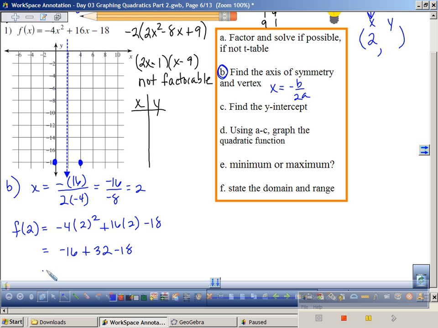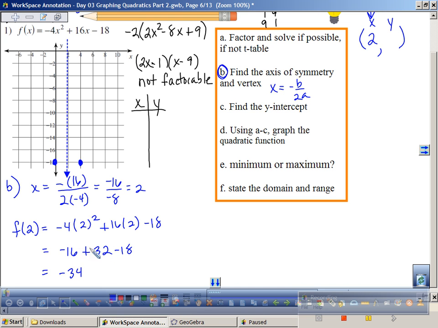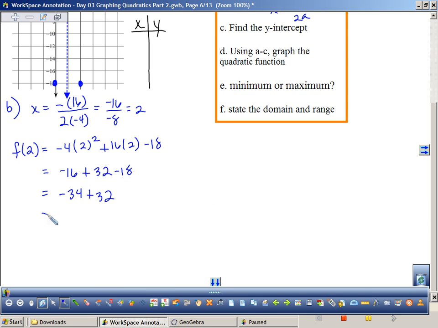Negative 16 and negative 18 make how many negatives? 34? That's what I was saying to Jose. I said I always combine my negatives and then compare my negatives and my positives. So negative 34 plus 32 makes how much? Negative 2. Does that make sense?